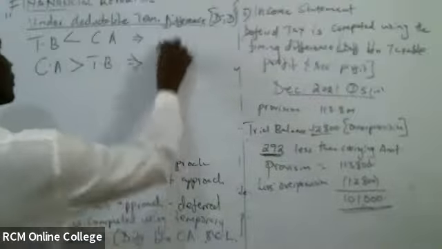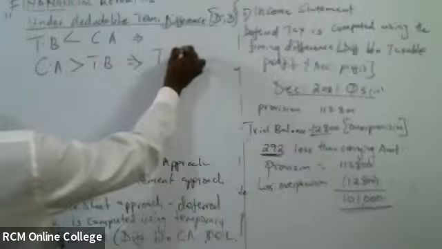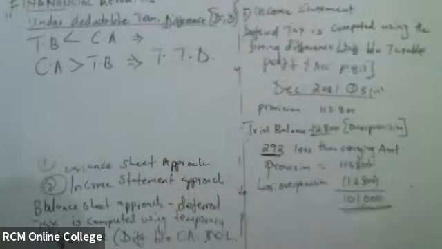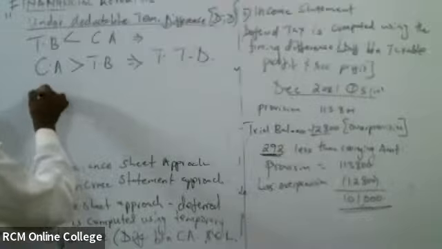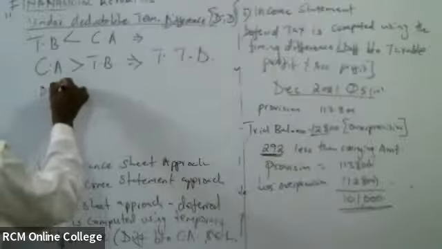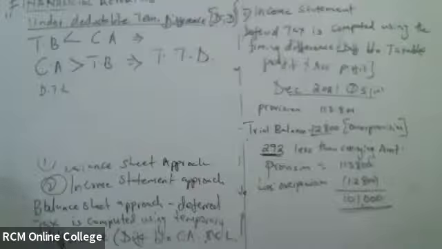In fact, it's a taxable temporary difference. Are we together? Taxable temporary difference, giving a deferred tax liability. Is that correct, class?